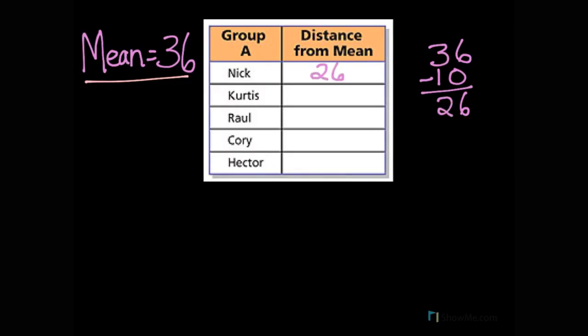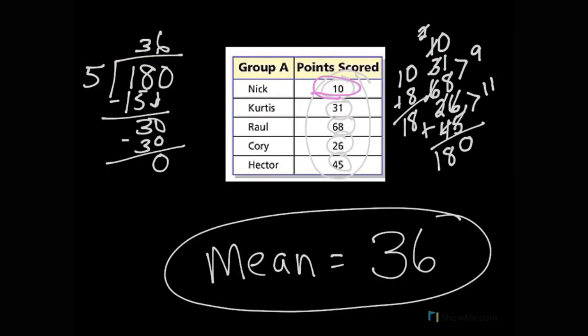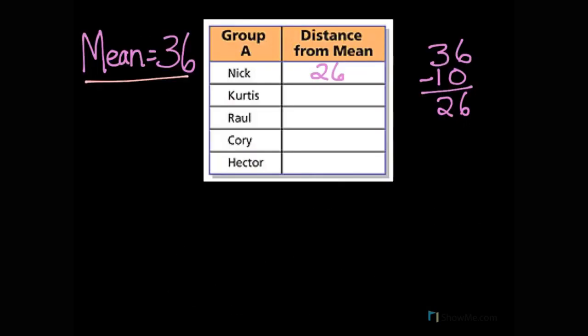So he's 26 away. Now I go to Curtis. Curtis had a score of 31. 36, my mean, minus Curtis's score of 31 gives me 5.